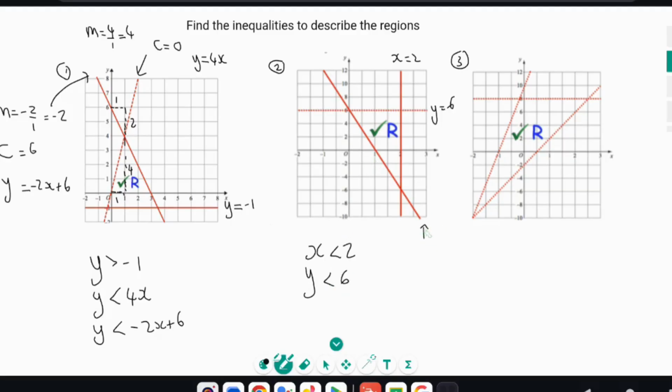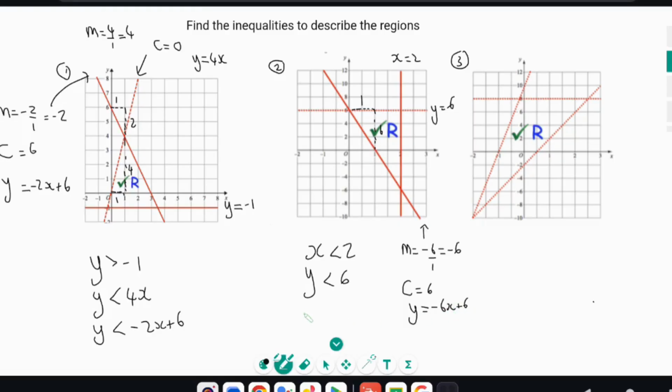And this one here, again, a negative gradient. Right, just be careful with the scale. A height of 6, a base of 1. 6 divided by 1, negative 6. Y-intercept is 6. So your equation is y is equal to minus 6x plus 6.